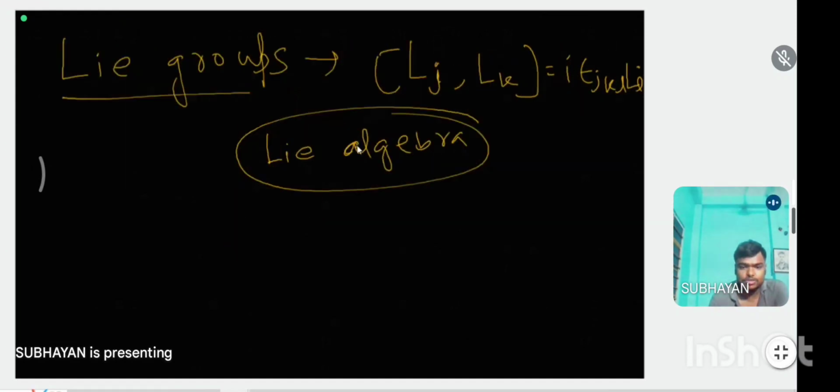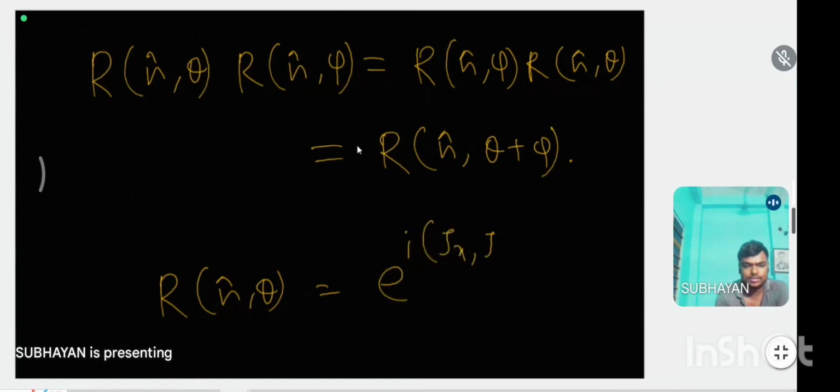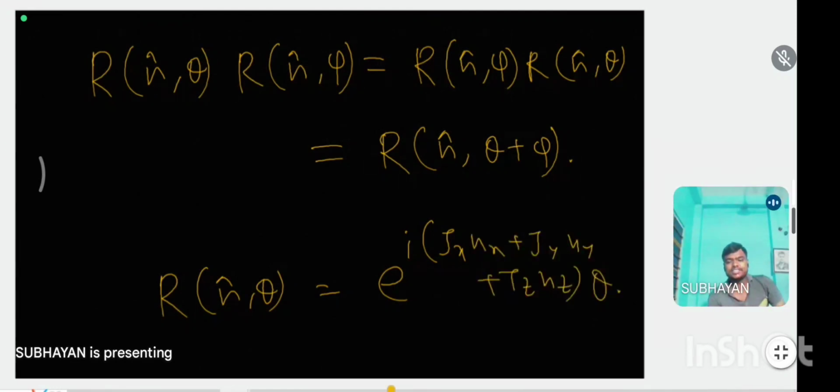But if you look at the expression of R(n, theta), it is e to the power i (Jx nx plus Jy ny plus Jz nz) theta.